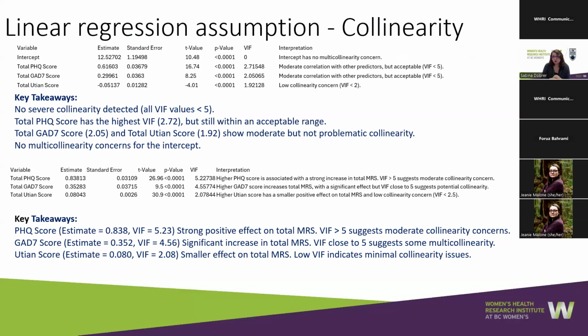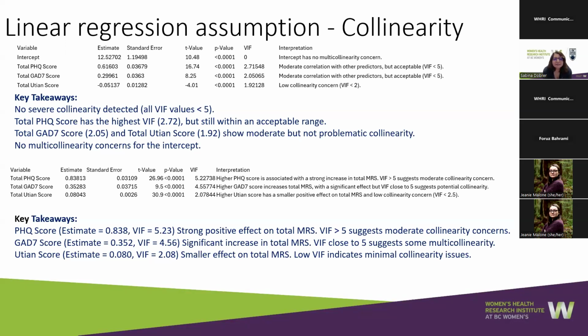So what I usually do is run the model with the intercept and do the same without the intercept. And here is a classical example where the intercept absorbs some of the collinearity. For example, when I did it with the intercept, we could see that all our VIF values are less than 5.